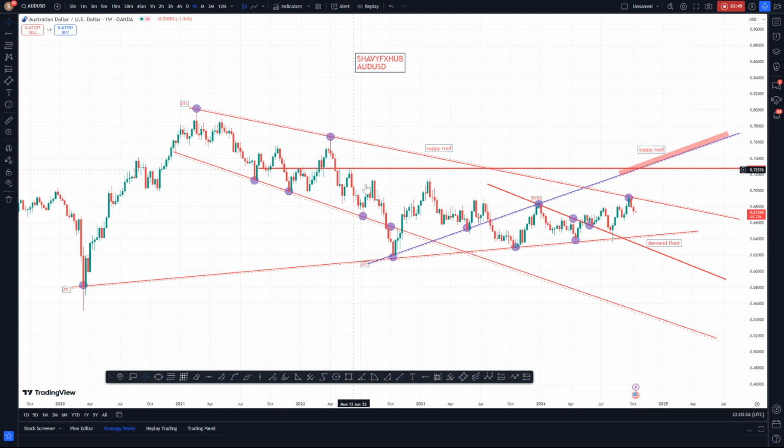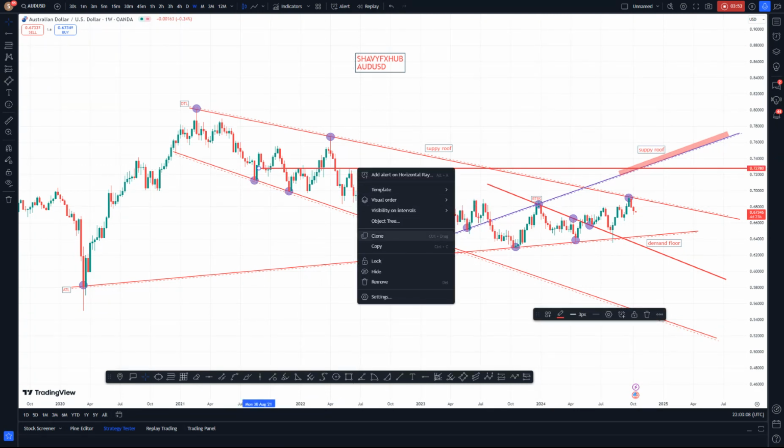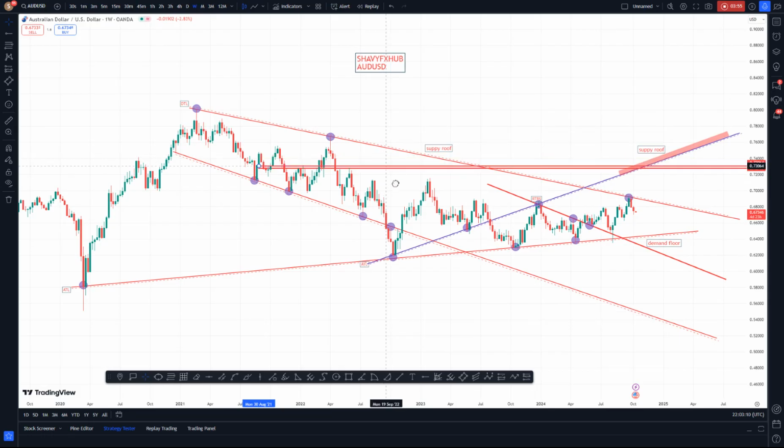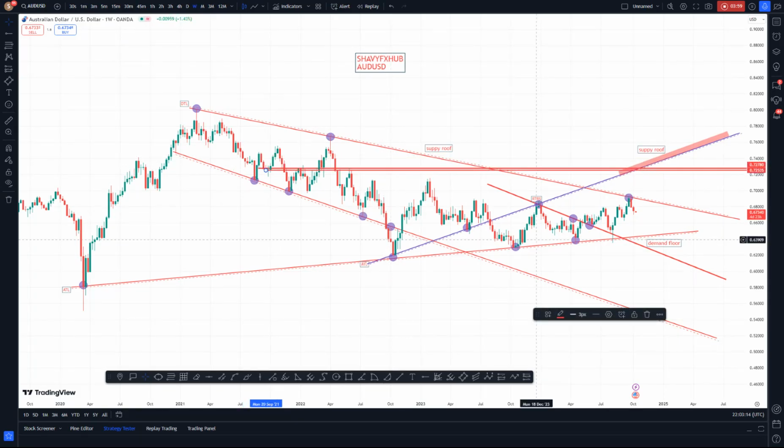The last time we came to this level was in 2022. So at the moment, price needs to show some bullish impulse to break out from the descending trend line before we can be guaranteed of a possible touch to this zone.